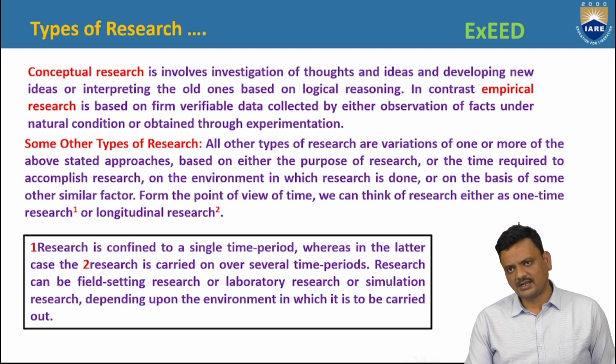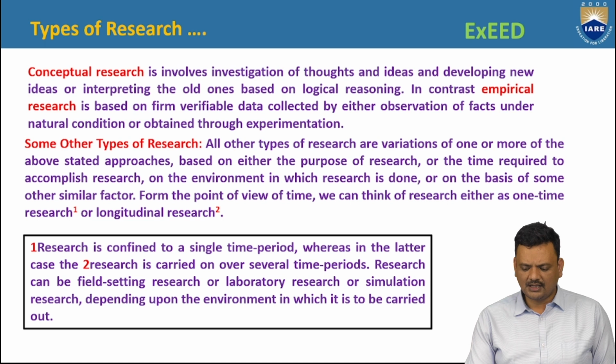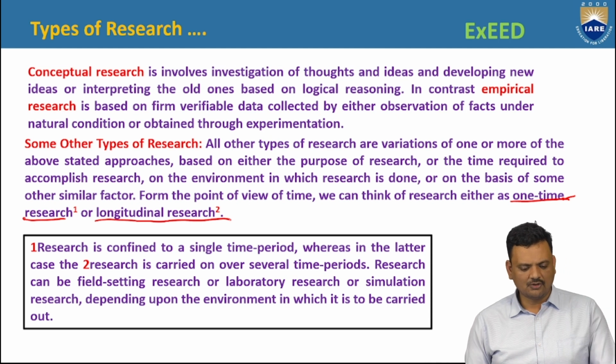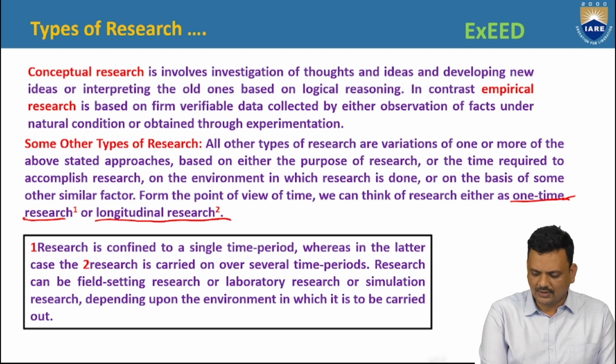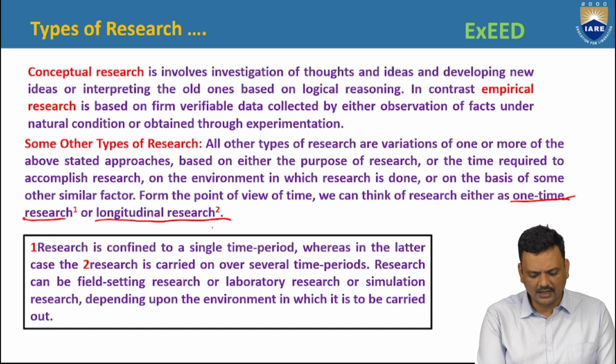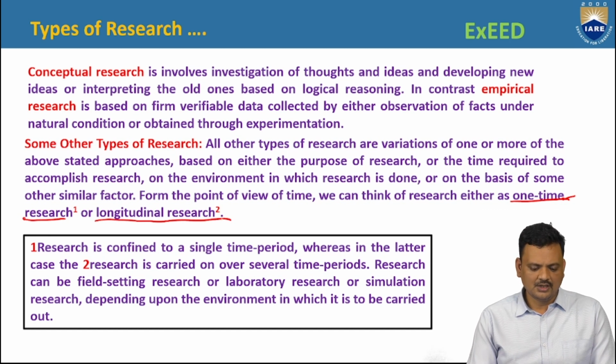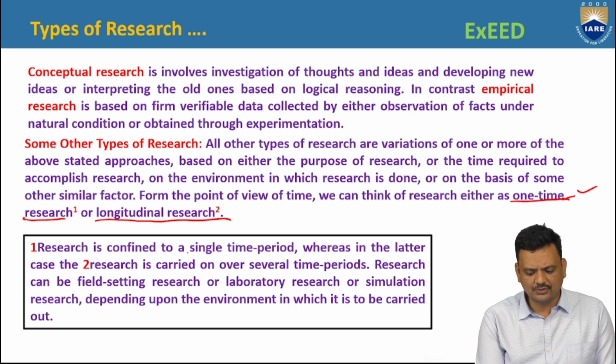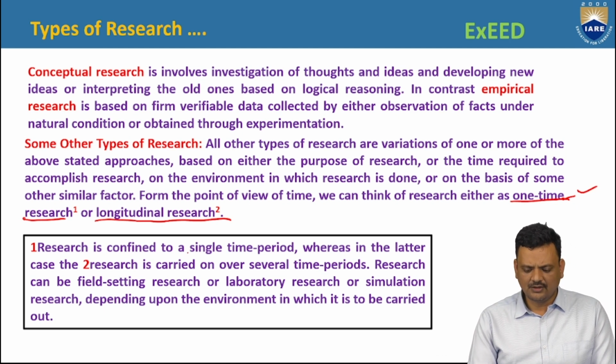So there are mainly two categories: one-time research or longitudinal research. Now further, I am going to define one-time research and longitudinal research. In one-time research, research is confined to a single time period, whereas longitudinal research is carried on over several time periods.